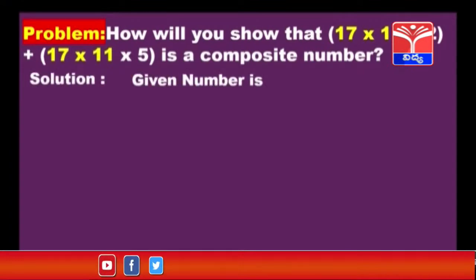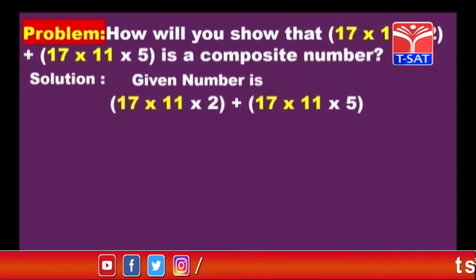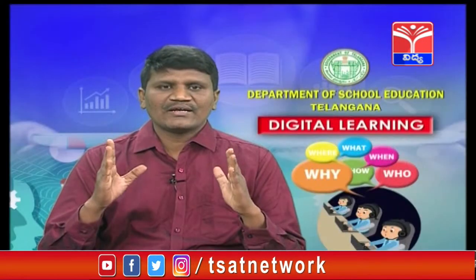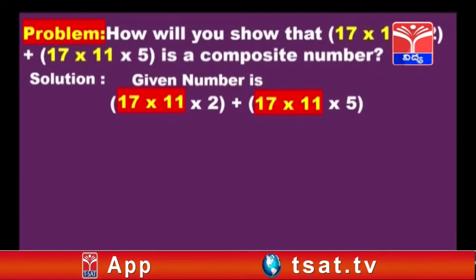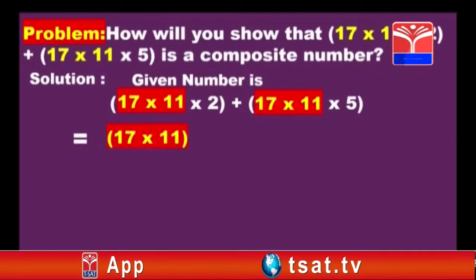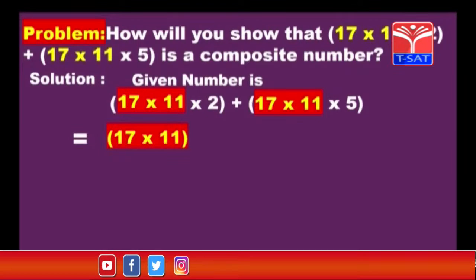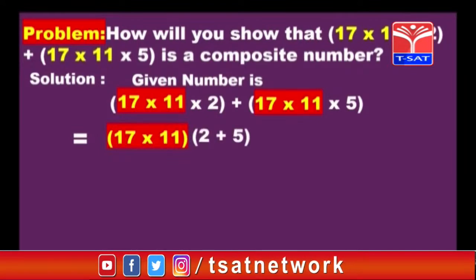Solution. The given number is the same number we have written here. If you observe the two terms, 17 and 11 are common in both terms, so I can take 17 into 11 common. In the first term 2 is left and in the second term 5 is left, which I can write as 2 plus 5.